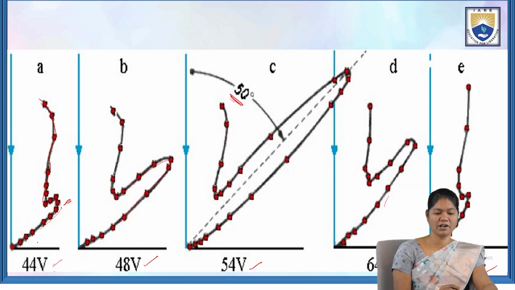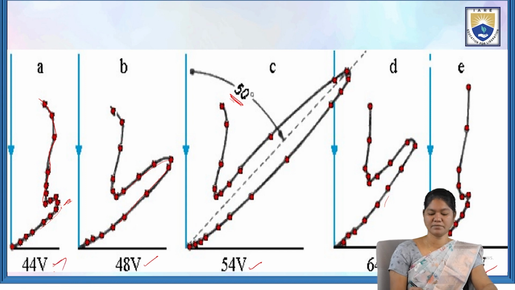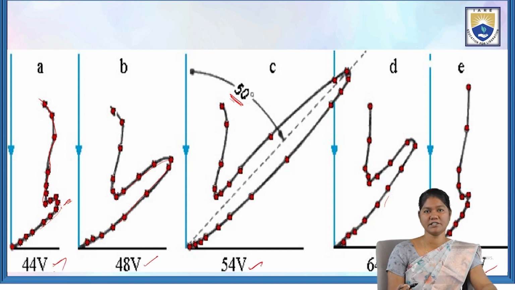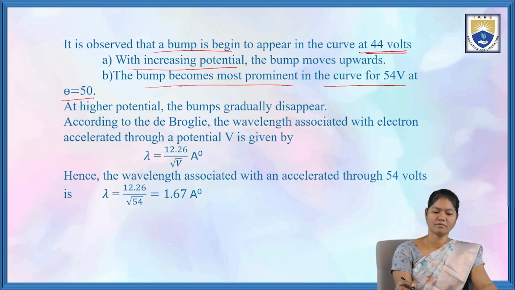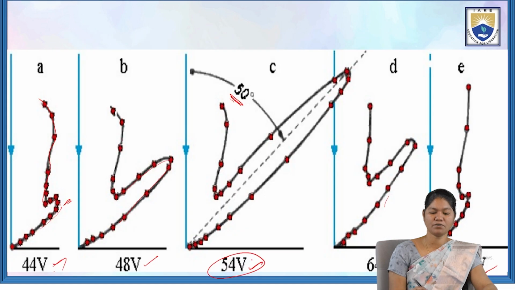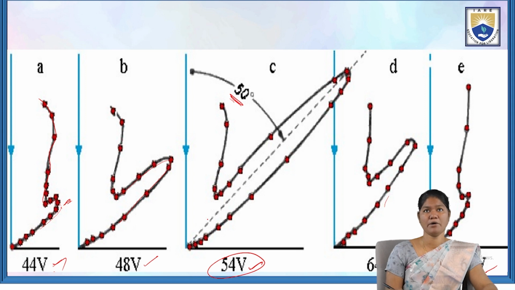Among all the accelerating potentials, we can observe that at 54 volts the bump is very large compared to the other accelerating potentials, and theta is 50 degrees.